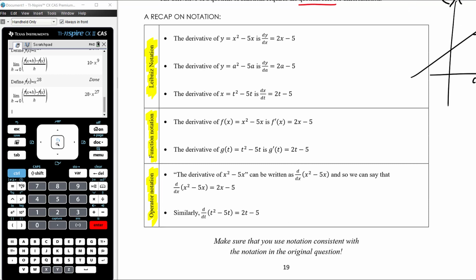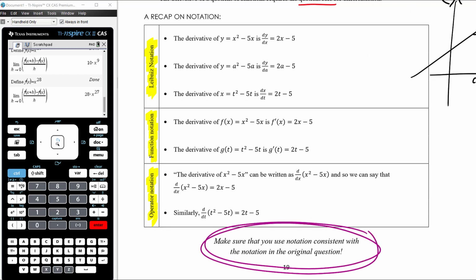As I said, please make sure that your notation is consistent with the question. If it's not f of x, then its derivative isn't f dash x. If it is v in terms of r, your derivative is not dy dx, it's dv dr. Let's say we've got something like that, I'm making something up.